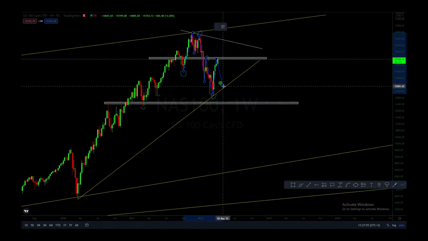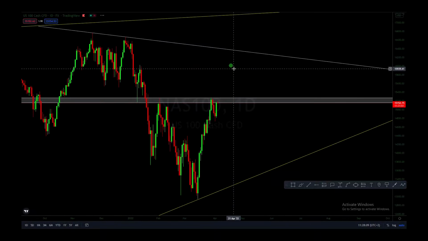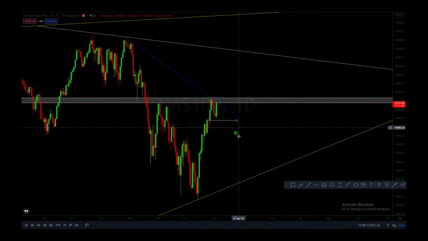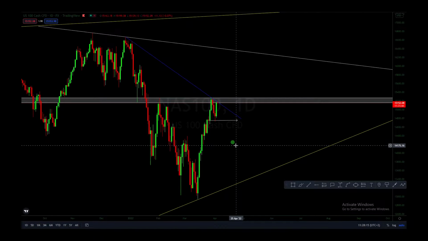So far it's a lower high point. It looks like we are bearish, right? So we know that we are currently on a 3 months bearish trend. Take that into consideration, at the back of your mind.